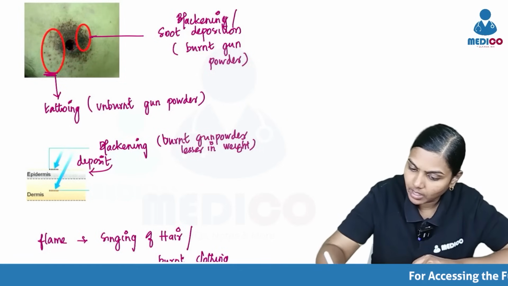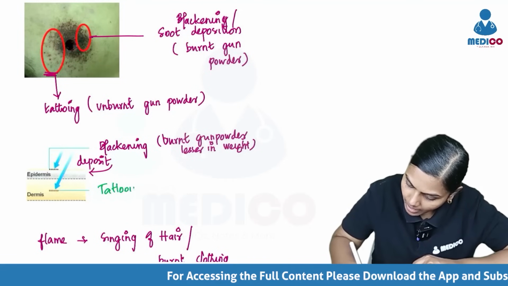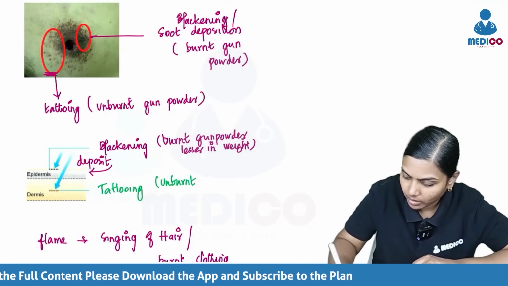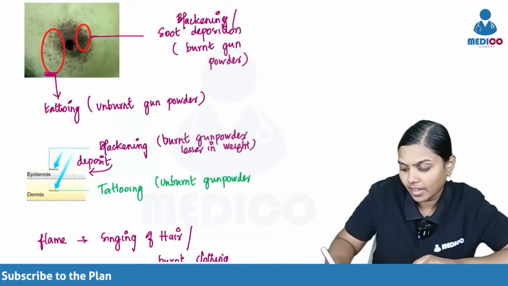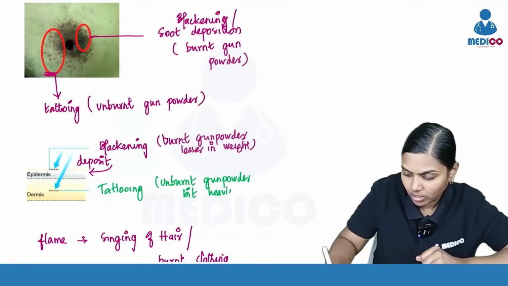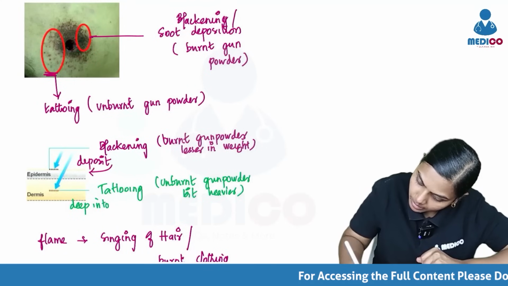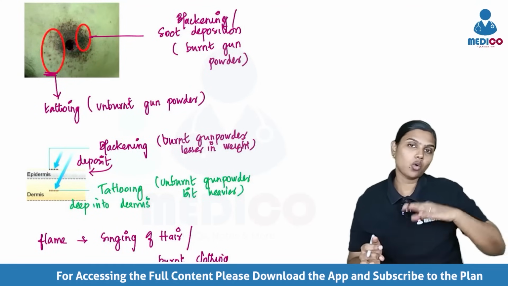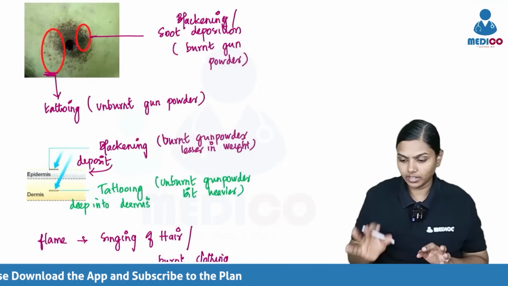And this tattooing is unburnt gunpowder, and they are a bit heavier comparatively. So they will go deep into the dermis. Clear? So blackening will be seen over the epidermis, while tattooing goes inside the dermis.